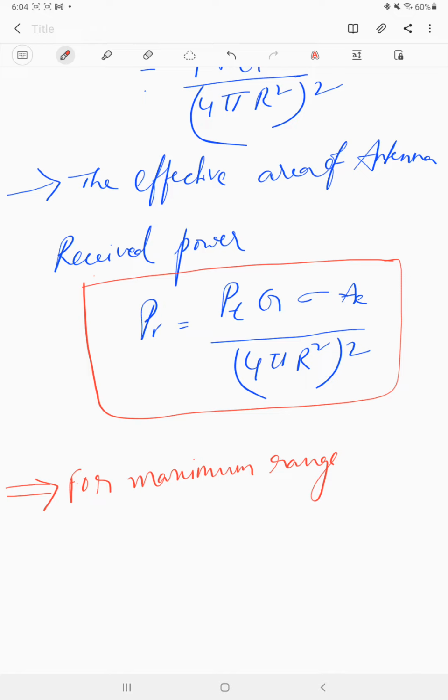This is called the detectable signal, that is PR is equal to S minimum, the signal which is received is the minimum signal.